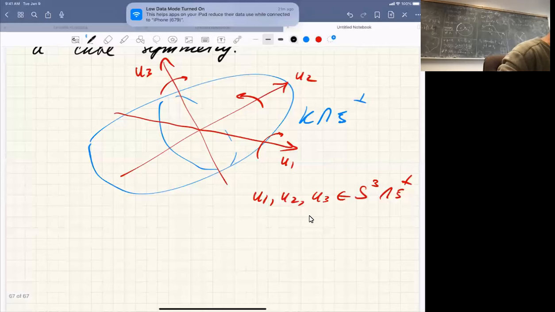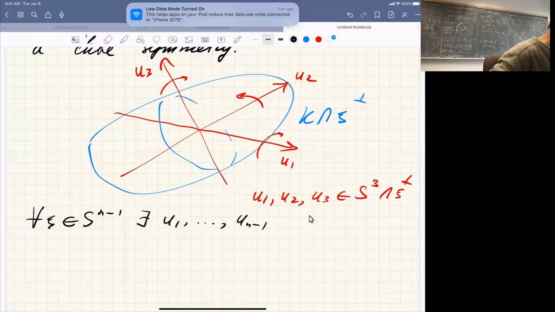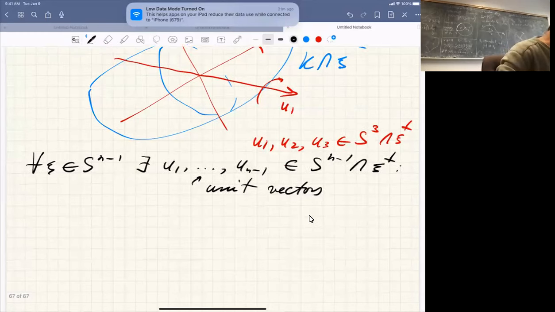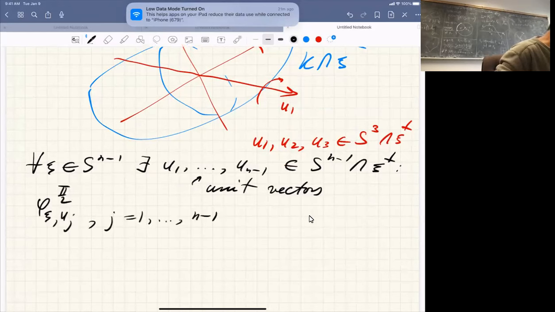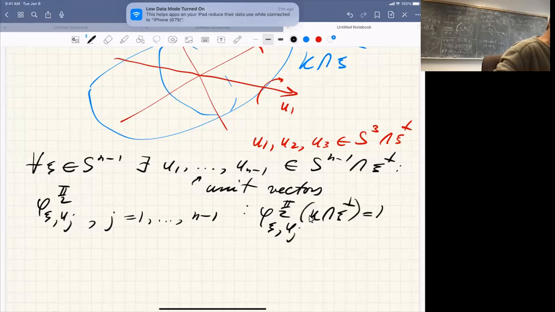For any xi belonging to S^{n-1}, in general, there are n minus 1 axes, unit vectors, in S^{n-1} intersection xi perp. And there are rotations, let me write them like this, phi xi U_j of pi over 2, j from 1 to n minus 1, such that if I apply any of these rotations to my section, then the section doesn't care. So this is the condition.